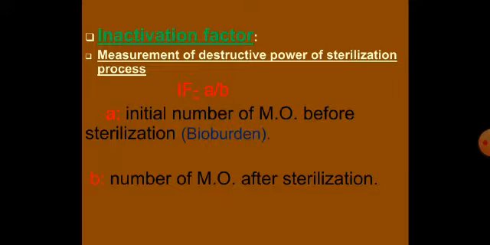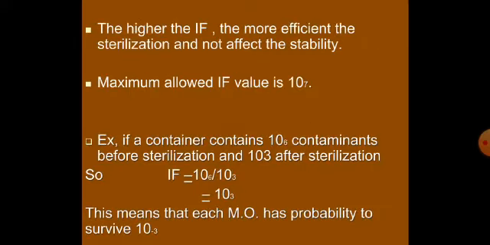Again, the IF is equal A over B. A is the bioburden and B is the number of microorganisms after sterilization. The higher the IF, the more efficient the sterilization process, and it is described in detail in the pharmacopoeias, and the maximum allowed IF value is 10 over 7.